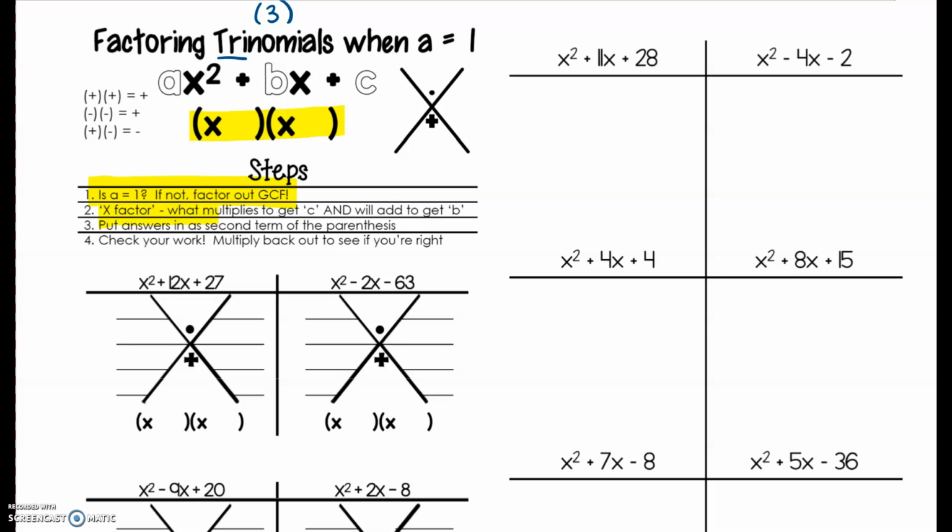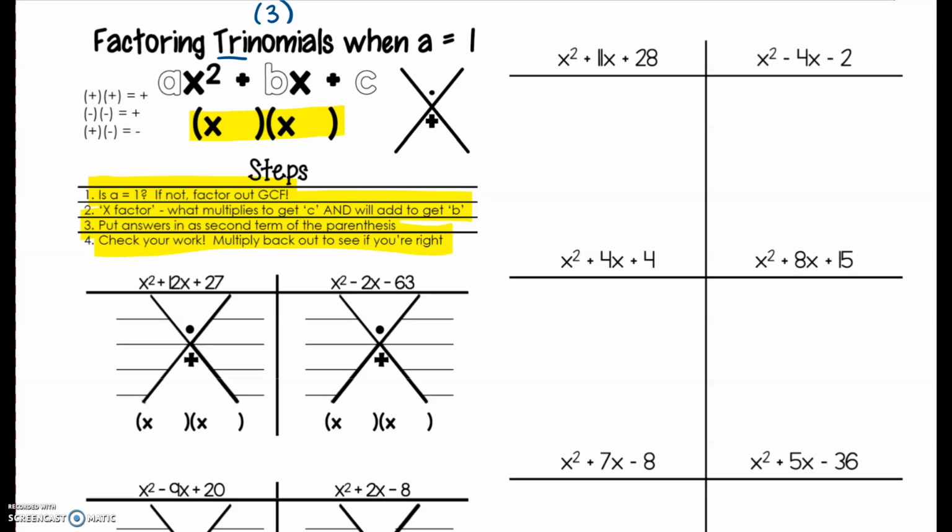We have to find two numbers that multiply to give us c and add to give us b. These two numbers we will put as the second term in the parentheses. One way that we can check our work is to FOIL. We can FOIL back what we factored out, and hopefully, if we did it correctly, we would get back to the initial problem that we started with.